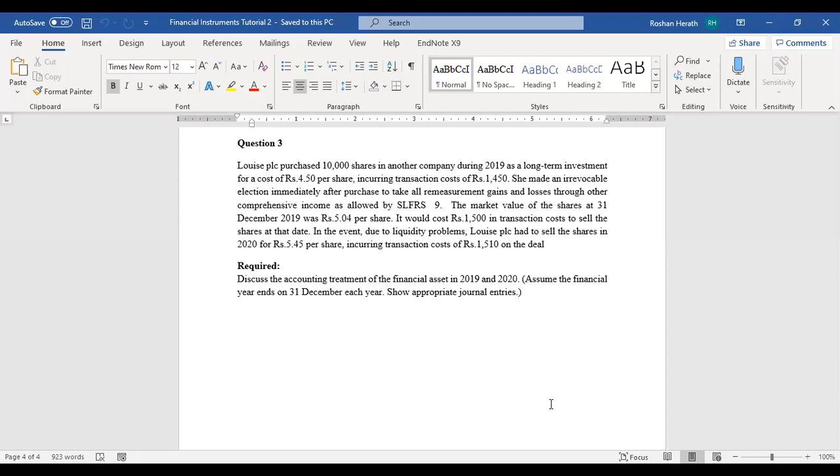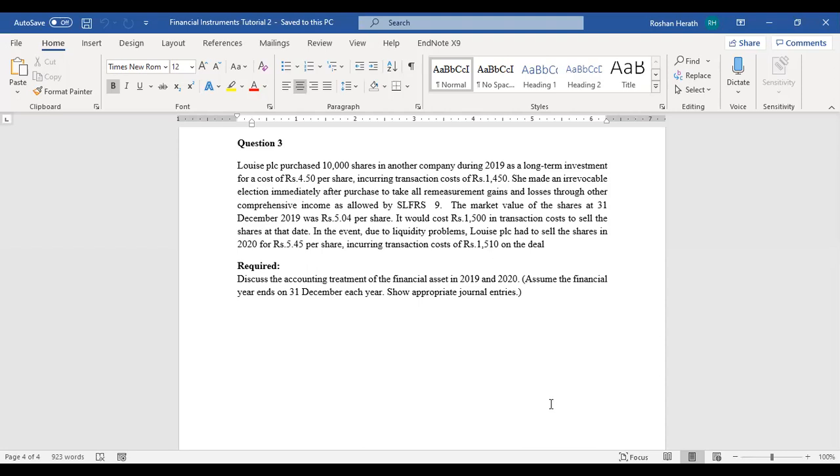So even you are given the transaction cost at the date of remeasurement or the reporting date. In this event, due to liquidity problems, Lewis PLC had to sell the shares in 2020 for 5 rupees and 45 cents per share, incurring transaction cost of rupees 1,510 on the deal.